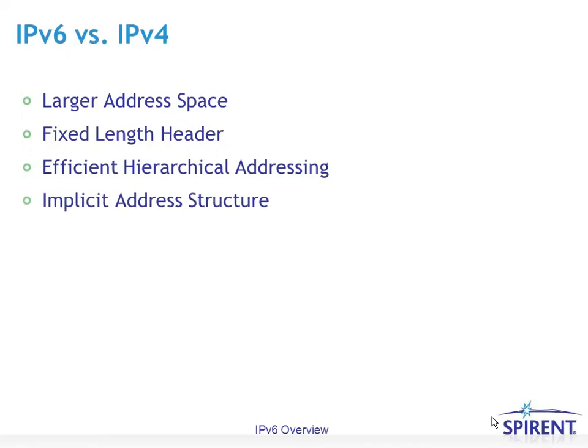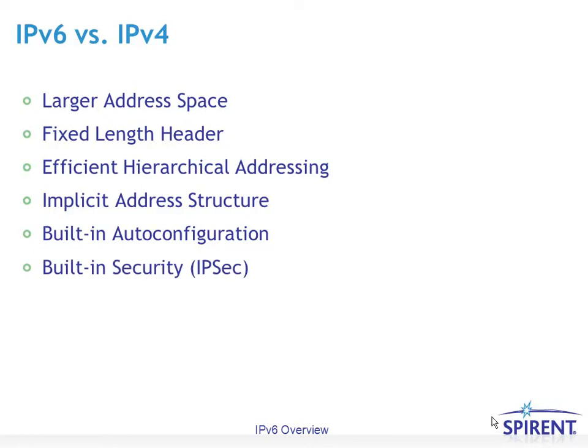Like I mentioned before, IPv6 has an implicit address structure. So even though it's classless, you can still imply at least what's network and what is interface. Like I mentioned, there's built-in auto configuration. Again, IPv4 evolved to that, mechanisms such as DHCP, but IPv6 has that from the beginning. I mentioned on the previous slide also the built-in security aspects using IPsec.